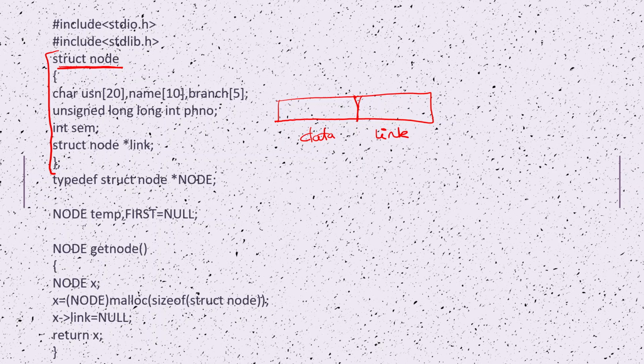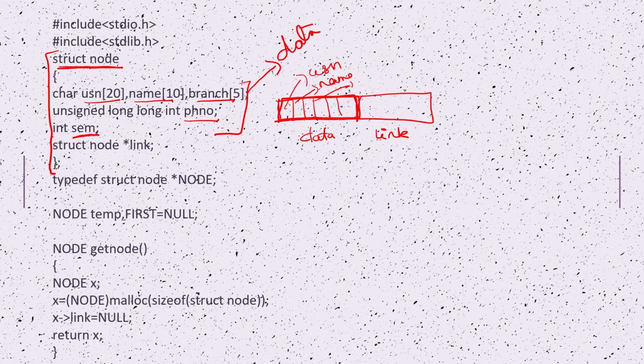Here link means the address of the next node, whereas in the data part, your program statement says that it has to store the USN, the name, the branch, and also the phone number and SEM number. So in the data part, we are storing all the information: USN, name, branch, your phone number, and your SEM. All this comes together in the data part.